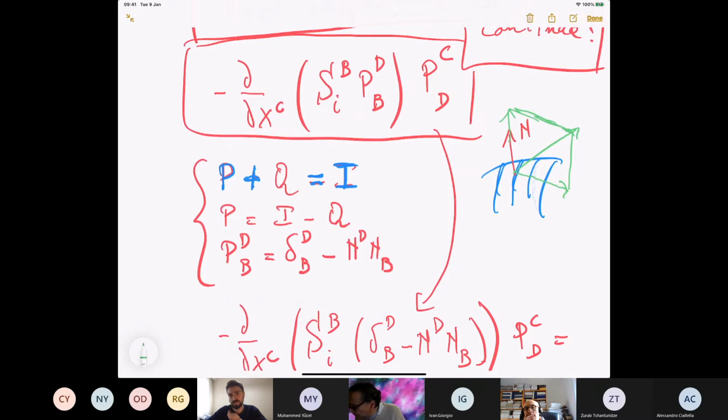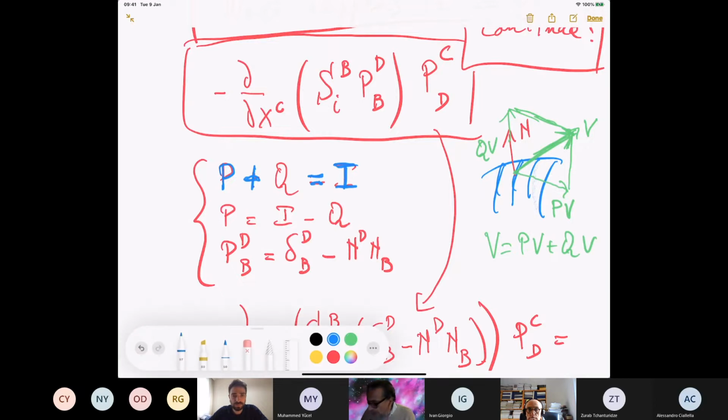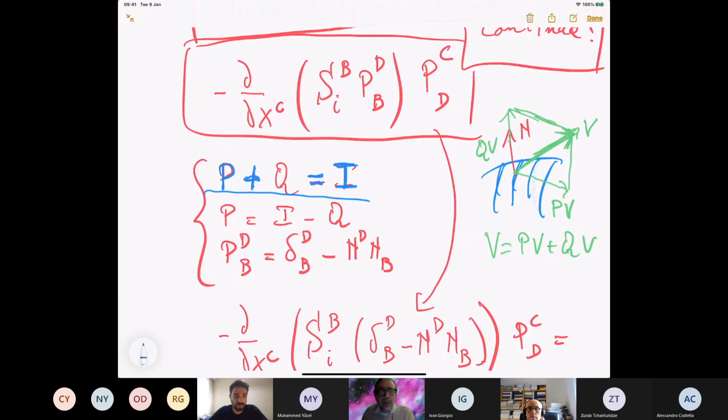More or less, okay? So if this is V, this is PV, and this is QV. And clearly V is equal to PV plus QV. Okay? So we have this property. Therefore, P is equal to identity minus Q.